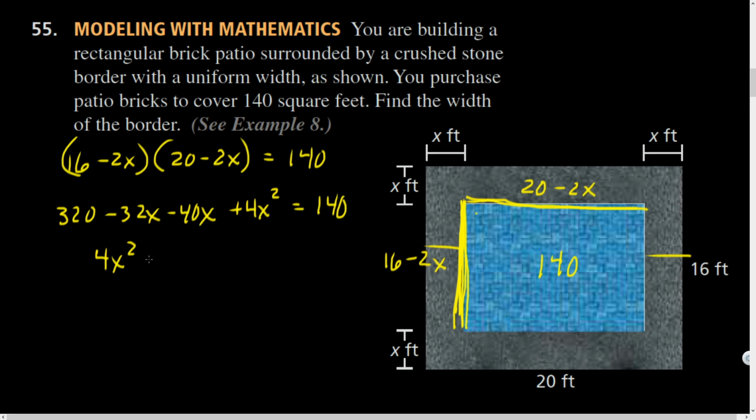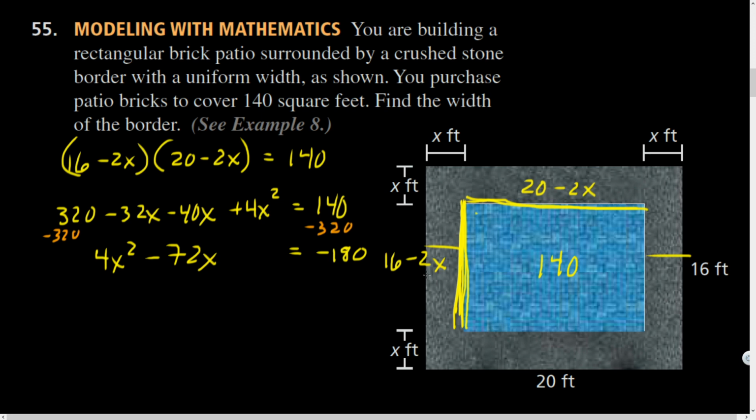4x squared minus 72x when I combine these. And tell you what, let's say I subtract the 320 from both sides because I want to get rid of my old c. And 140 minus 320, it's the little things that screw me up.